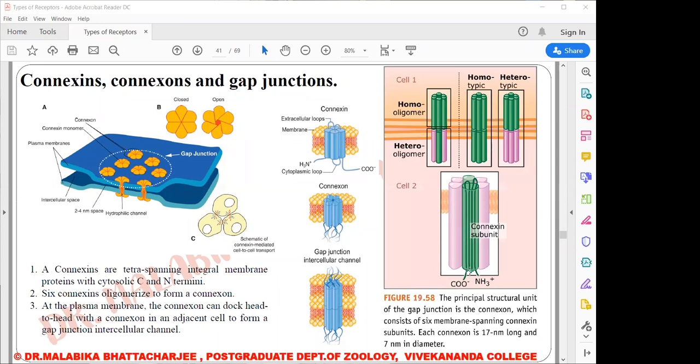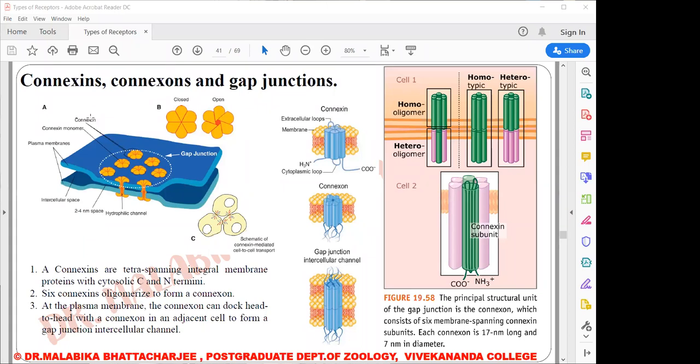It spans the membrane and comes out, so it's a membrane spanning polypeptide. The carboxyl end is on the cytoplasmic side, as well as the amino terminal is also on the cytoplasmic side. So the gap junction is nothing but a small gap which is surrounded by 6 protein subunits. These subunits are known as connexin, singular.